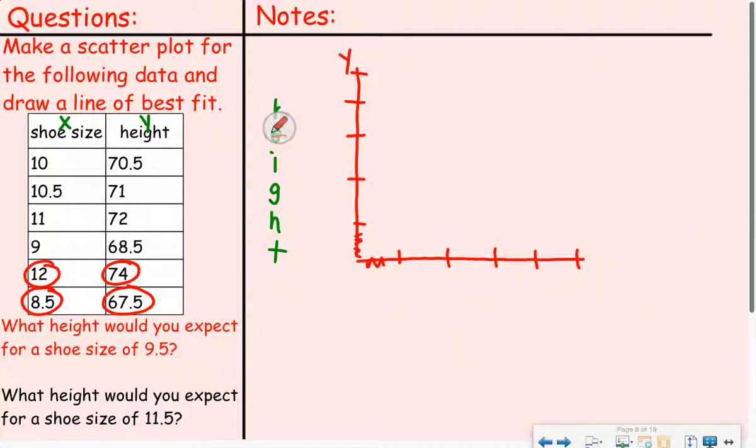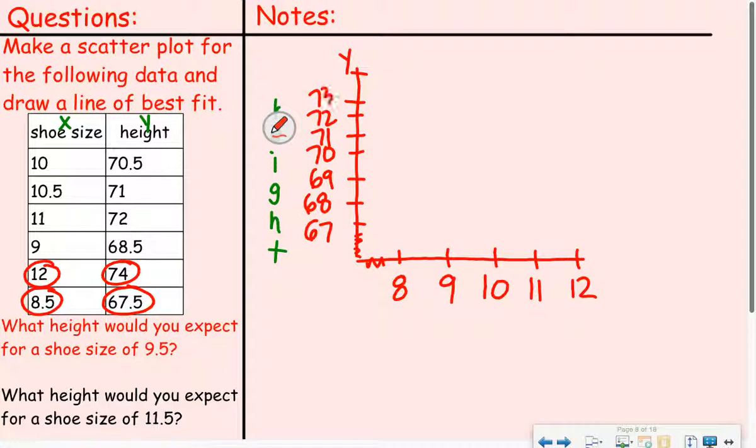Okay, so we need this one to go from 8, 9, 10, 11, 12. And this one to go from 67 to 74. So 67, 68, 69, 70, 71, 72, 73, 74. Sorry about that. Okay, try again.